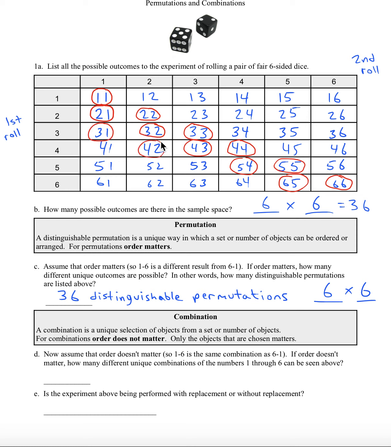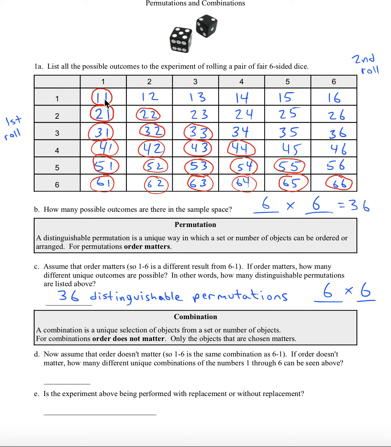So will these be, and so will these, and these. These are all unique combinations. The others that I haven't circled are actually just similar to ones that I have circled.